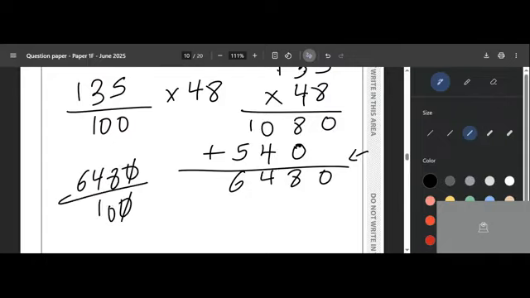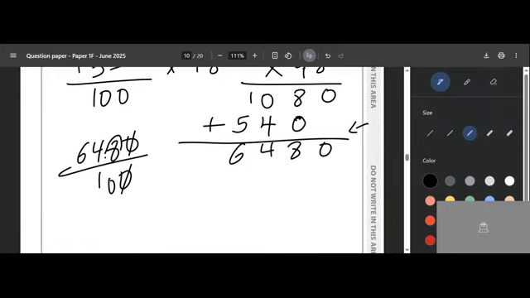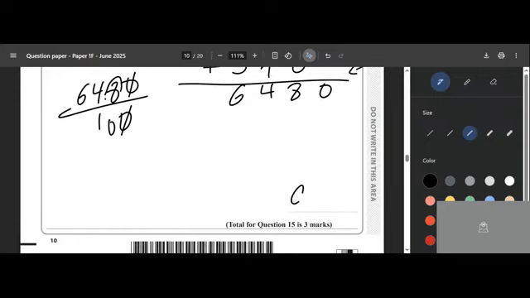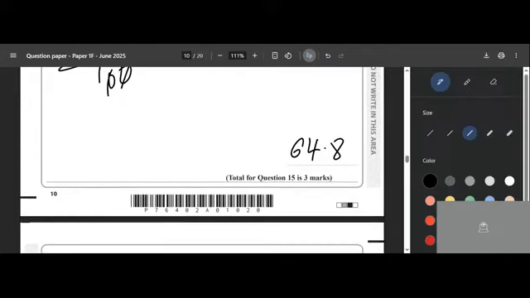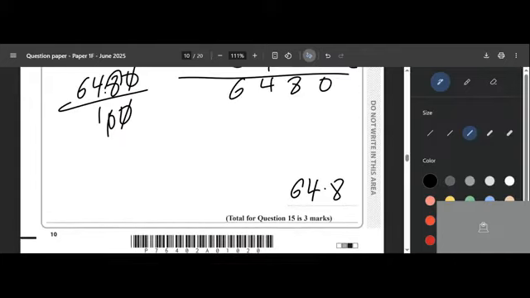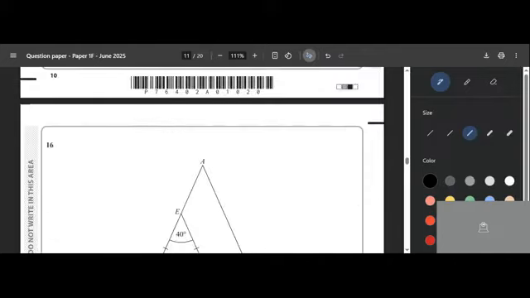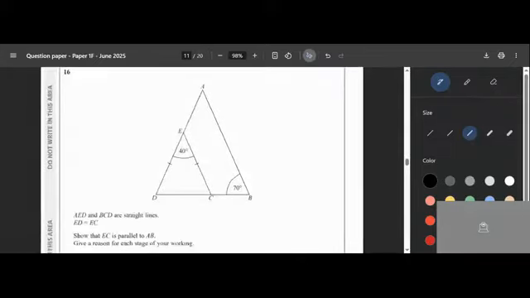Cancel here, bring 1 zero, so that I have my answer as 64.8. That is the right way to do it. You can also leave your answer as a mixed fraction in one way or the other.